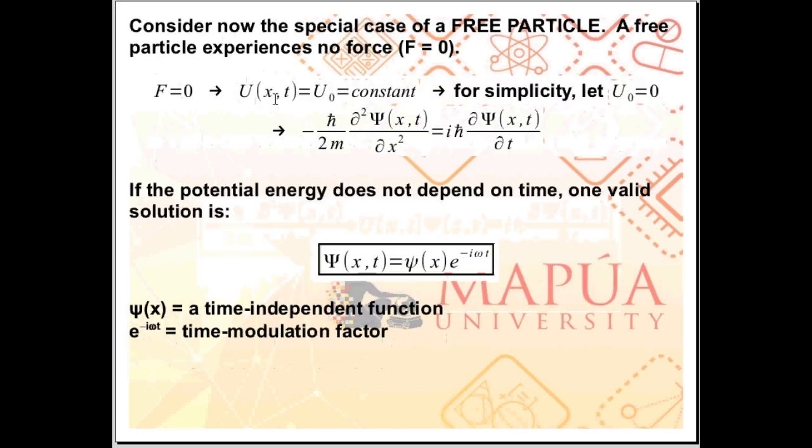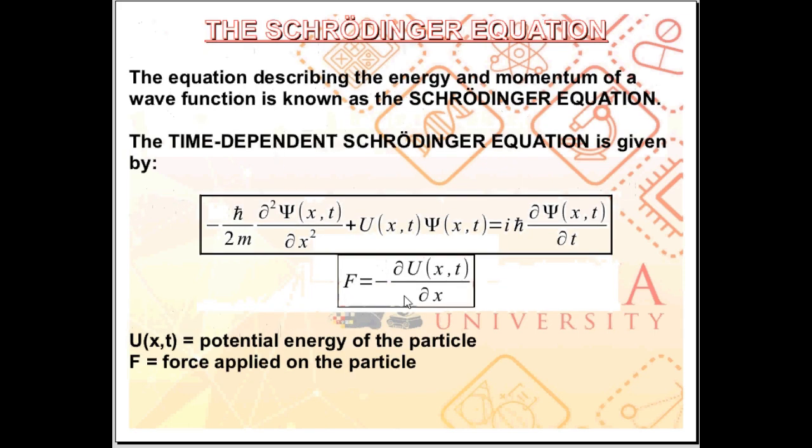Let us now consider the special case of the free particle. A free particle is a particle that experiences no force. F is equal to 0. Since F is just the negative differentiation of U with respect to x, if F is 0, that means U is not changing with respect to x.